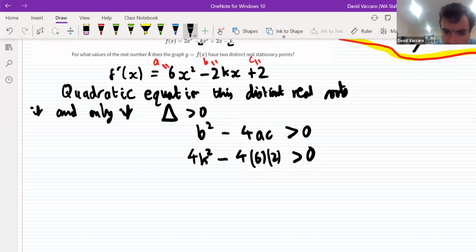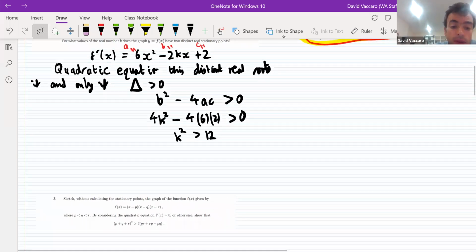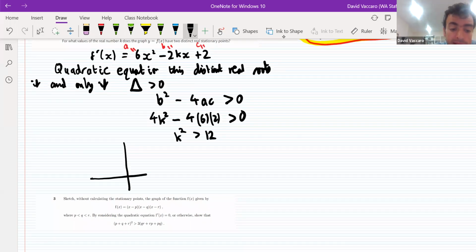So we want, that's a bit of a strange number, so we want k squared to be bigger than 12. And so now we just have a quadratic inequality to solve. k squared is equal to 12 at plus or minus the square root of 12, which is 2 root 3 and negative 2 root 3.